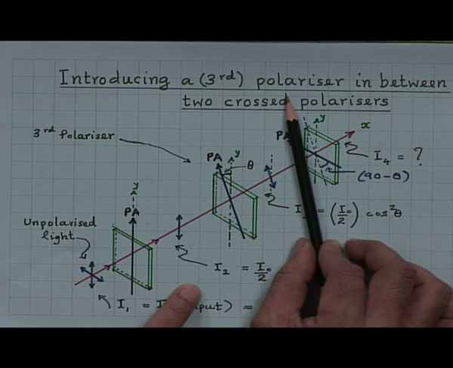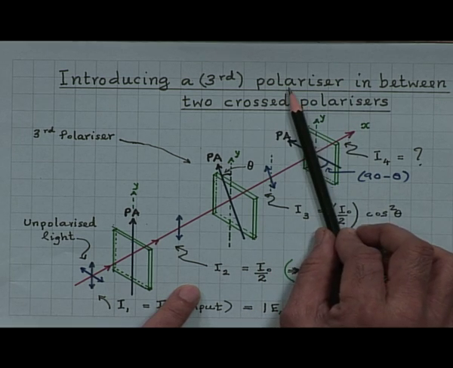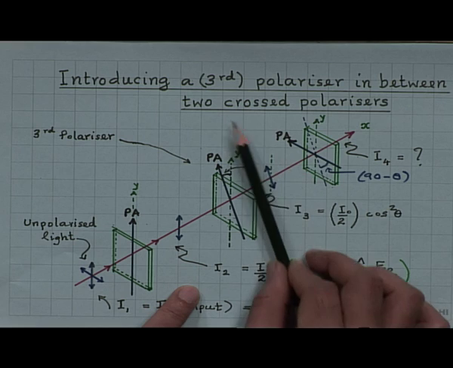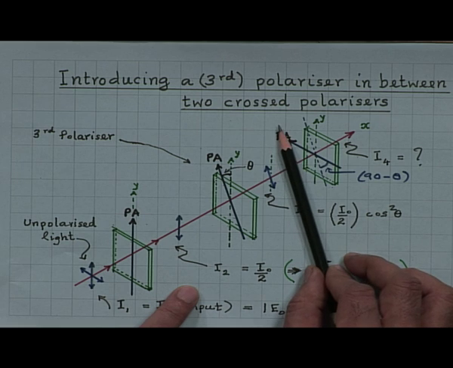Now, we again apply Malus law. Now, the polarization makes an angle theta with the y axis, because beyond this the polarization is tilted, making an angle theta with the y axis.